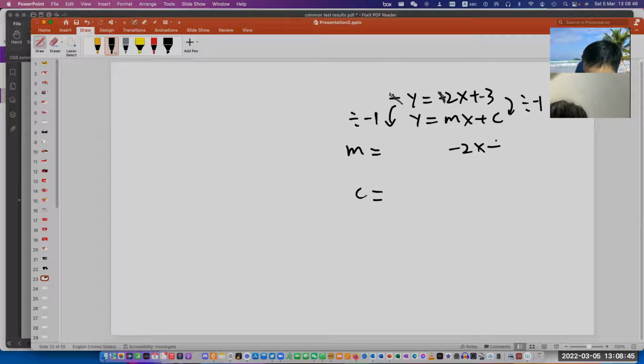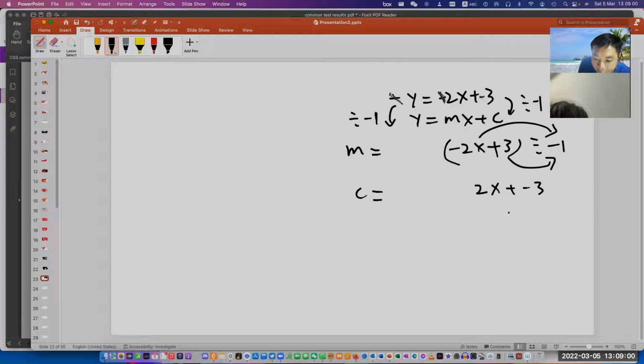So you start with this and divide by -1. First arrow, you get 2x; second arrow, you get -3. Therefore in mx plus c, m is 2 and c is -3.